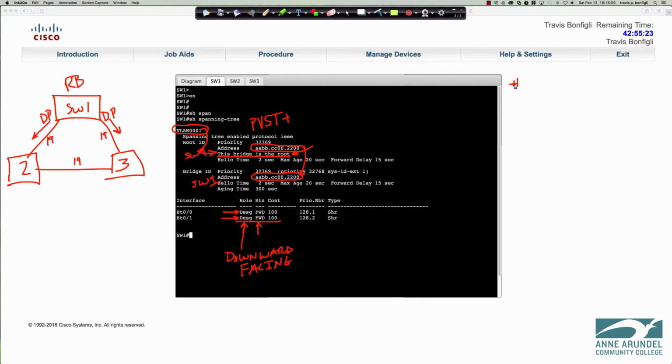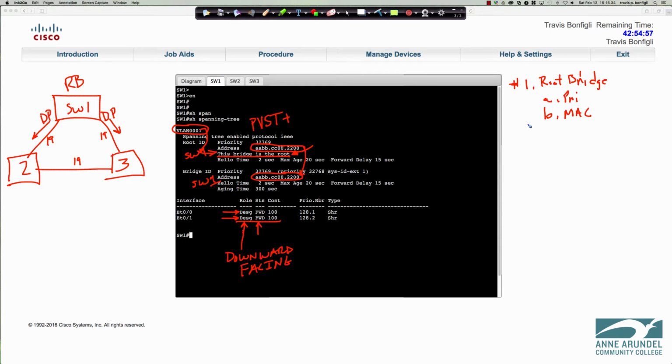So then we determine, again, step 1 over here. Determine the root bridge. If the priority is the same, we go to MAC address, and it's always lower, and that's the key thing to remember with spanning tree. Lower is always better, and you will never end up with a tie.